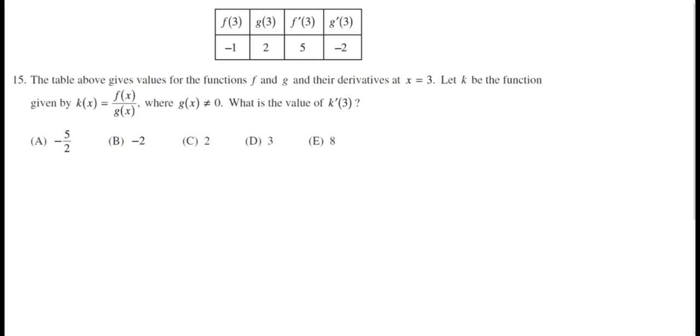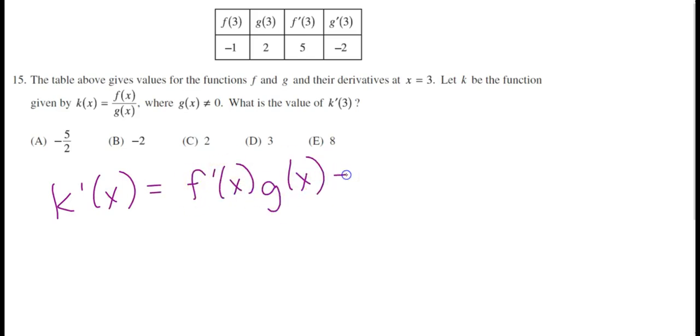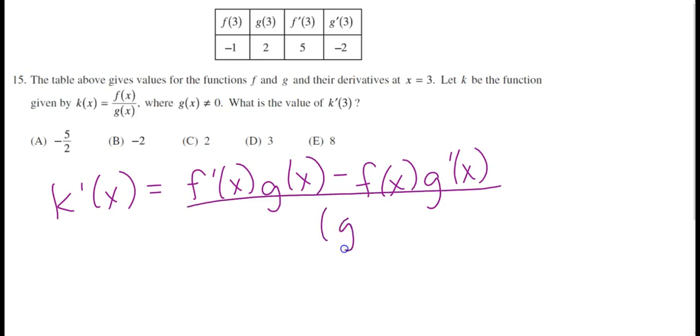All right, last one. You have a function defined by f divided by g. So if I want k prime of x, we need the quotient rule. So derive the first, hold the second, minus, reverse it, hold the first, derive the second, all over the original denominator, squared. And now we're going to plug in x equals 3, but those are the only values given in this table.